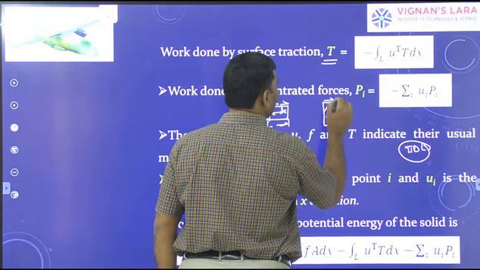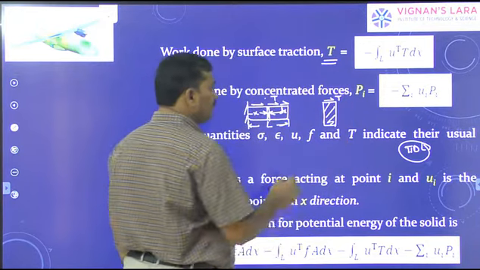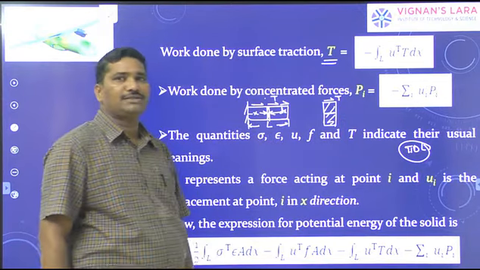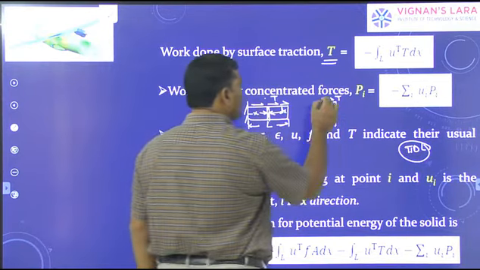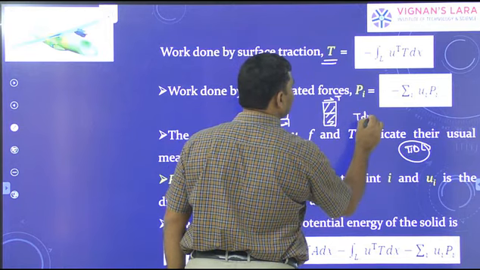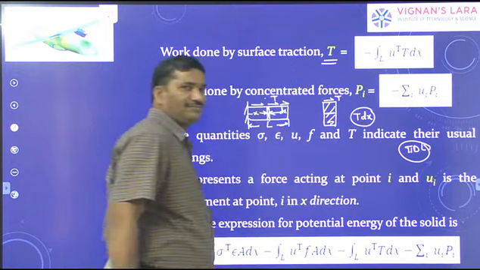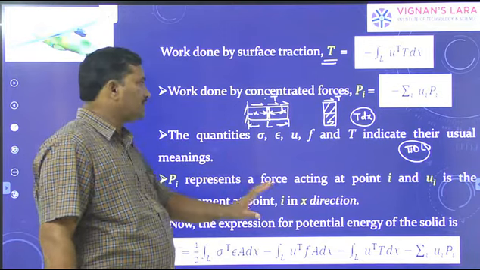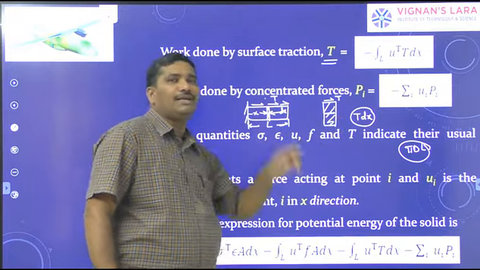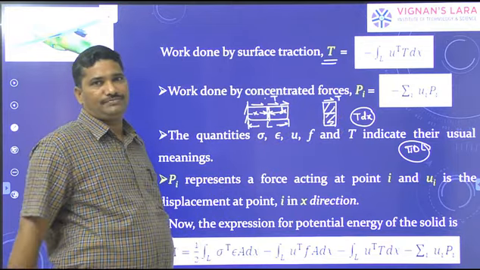This is the traction T. What is the thickness of this element? Thickness of this element is dx. Therefore, the traction acting on this surface is T into dx. The surface traction on the infinitesimal element is T dx.